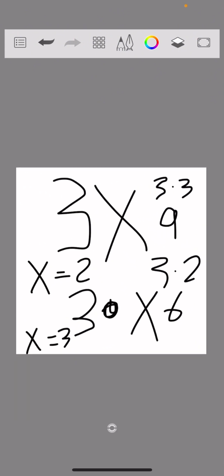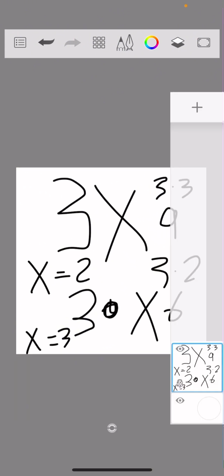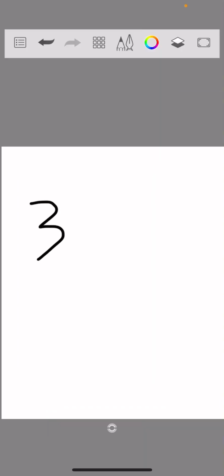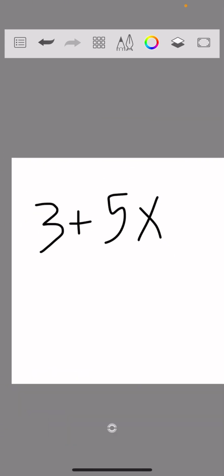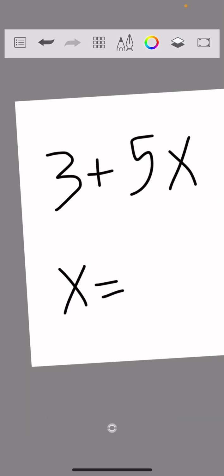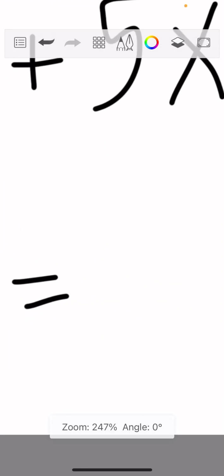So that's the basics of multiplication. There's also problems that'll look like this: 3 plus 5x. It's basically using both. So what you do is the same thing. x is a variable, so you replace it with whatever number the problem gives you.